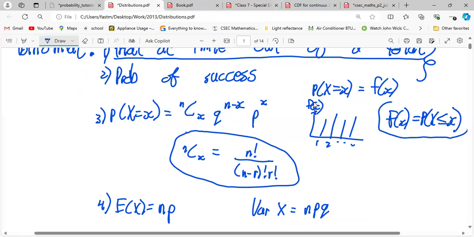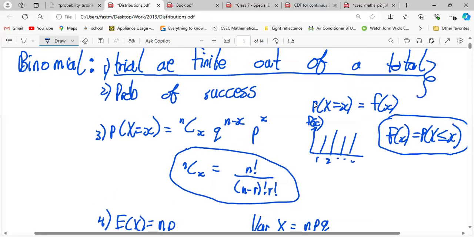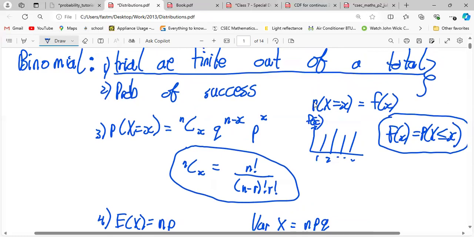This is never going to change, ever. Whether you're going continuous or discrete, this core concept never changes, and don't ever forget it. Once you remember this, you can do the CDF or anything. So those 4 things are committed to memory. Memorize the wording. The wording will set you free.